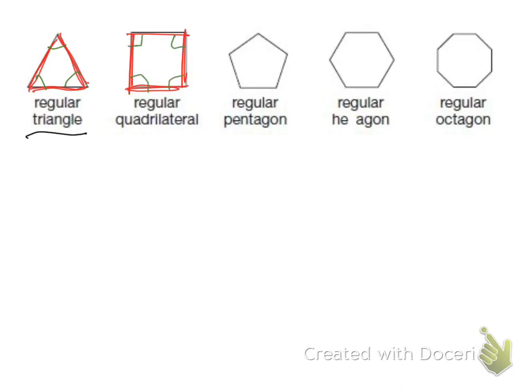A regular pentagon, all the sides are the same and all the angles are the same. A regular hexagon, all of the sides are the same length and all the angles are the same. You get the picture? If I know one side of a regular polygon, I can find the perimeter.